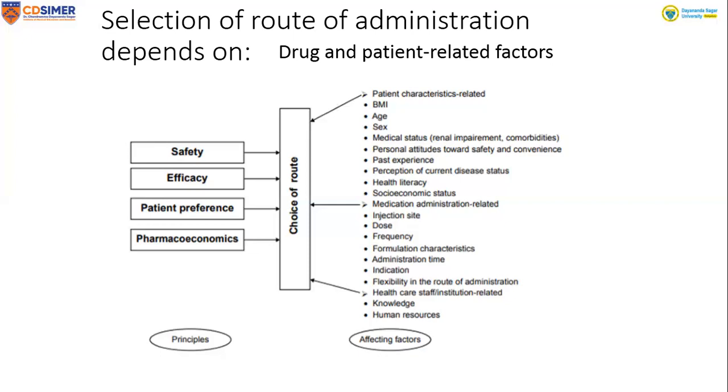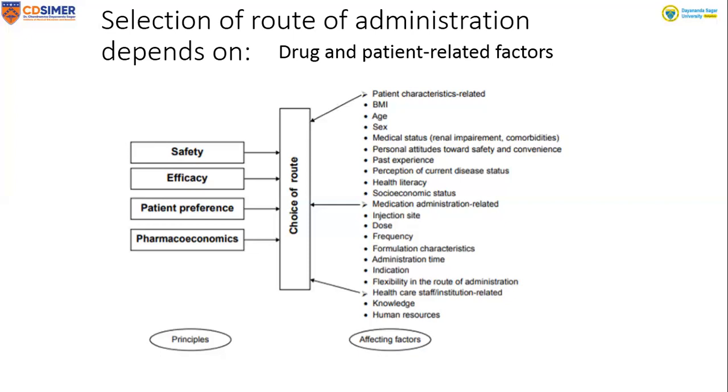So this is just to give you some overview that drug related and patient related factors are important in selection of route of administration. If the drug is stable in tablet, then we can give tablet. If the drug is not stable in tablet, then it has to be given in injection format.